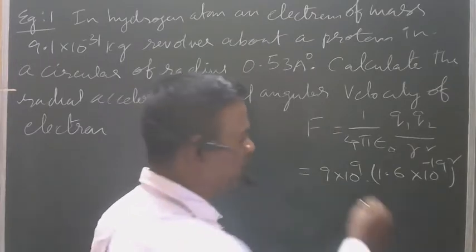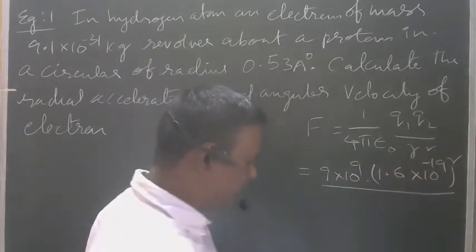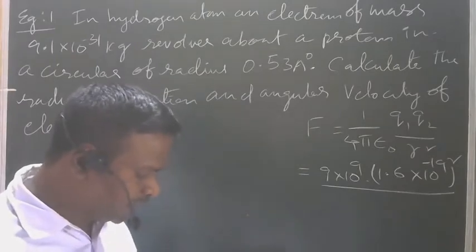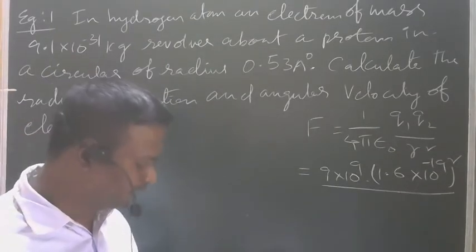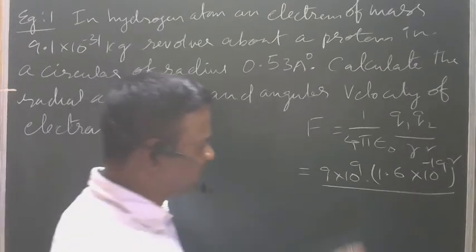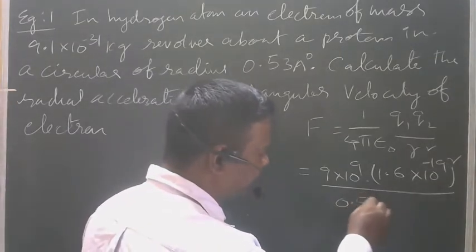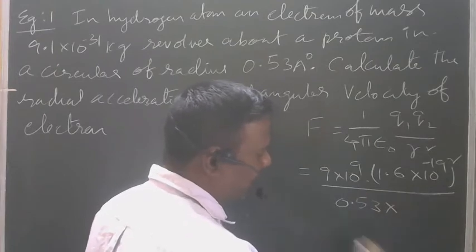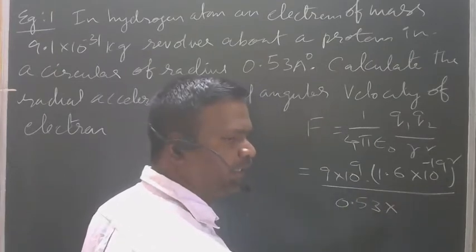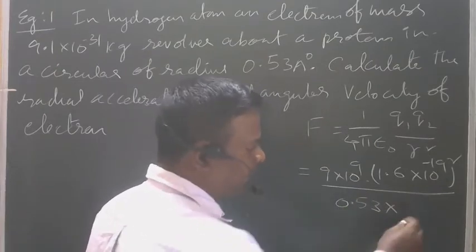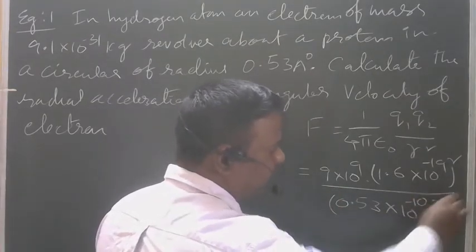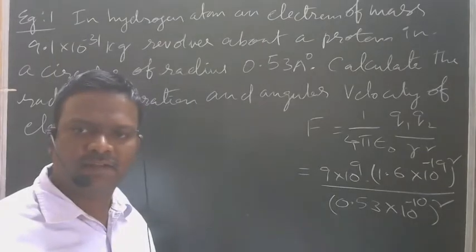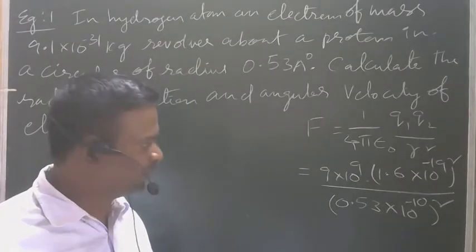Divided by r squared. Since the electron moves in a circular path, r is just the radius, given as 0.53 angstrom, which should be converted into meters: 0.53 × 10^-10, whole squared.